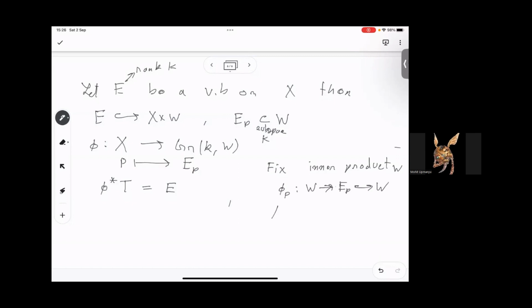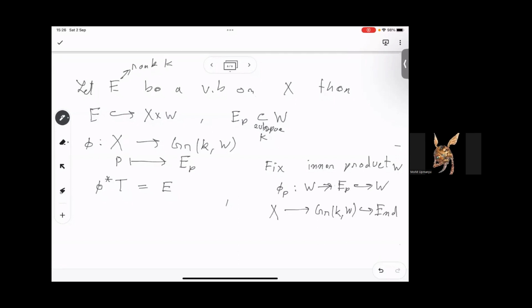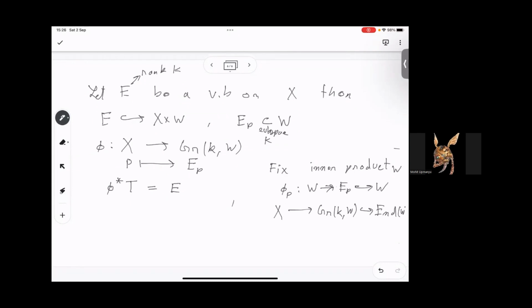The point is that we have this map from X to the Grassmannian, and then this sits inside the endomorphisms of W. So to check the continuity, it is enough to check the composition is continuous. For each point we are getting an orthogonal projection, and all we need to check is that the orthogonal projections vary continuously. This can be done by saying that E is locally trivial.